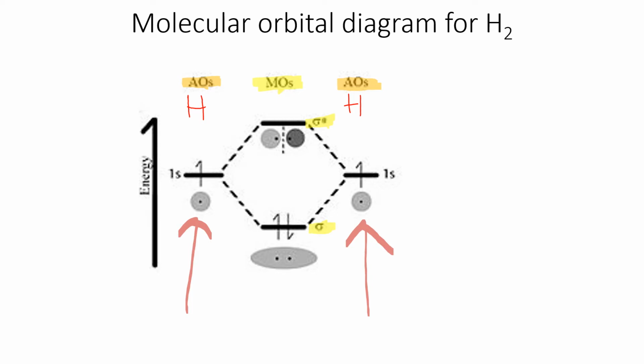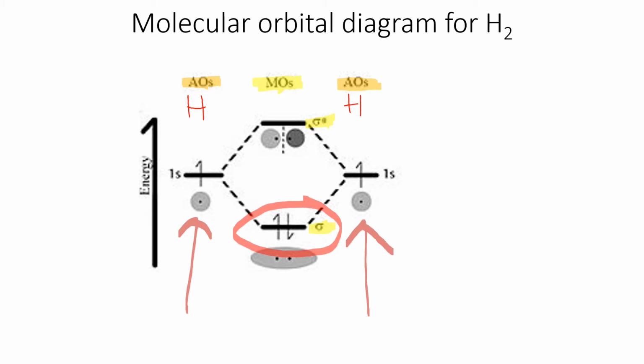To draw these molecular orbital diagrams, you just bring in the electrons from the side and fill in the molecular orbitals. Remember, 2 electrons can fit in any specific orbital. I have 2 electrons. They would both go into the lower energy sigma bonding molecular orbital.